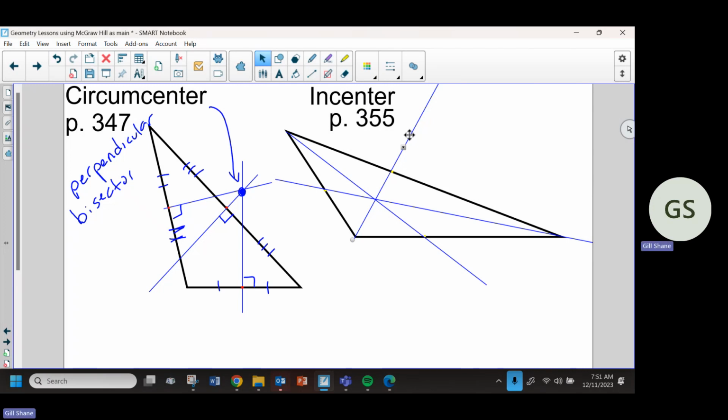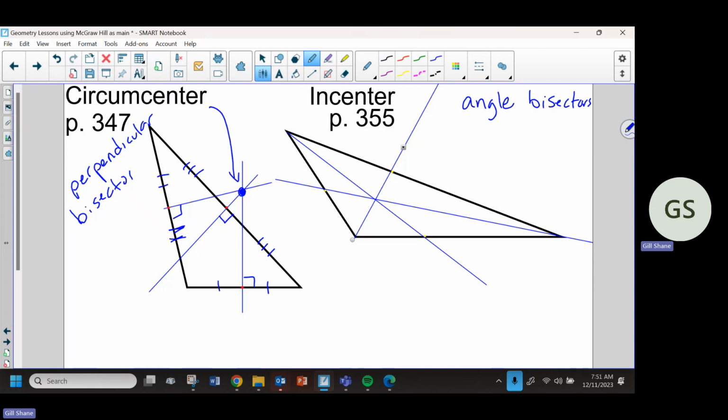So again, what you need to memorize for this one, Incenter is created by drawing in angle bisectors. So again, the math you would have to do comes from the fact that you know every angle is bisected.